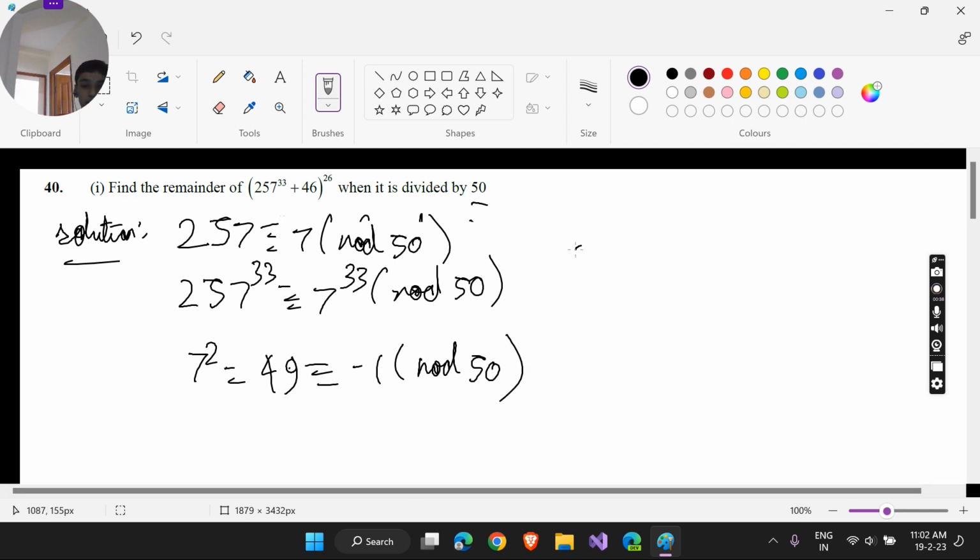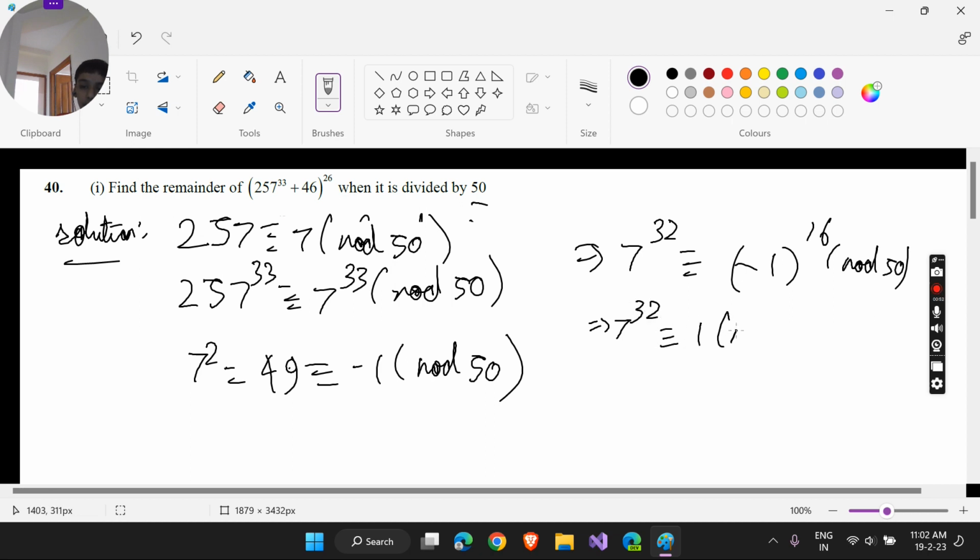So this implies that 7 to the power of 32 is congruent to minus 1 whole to the power of 16 mod 50. This implies 7 to the power of 32 is congruent to 1 mod 50. This implies that 7 power 33 is congruent to 1 times 7, that is 7 mod 50.